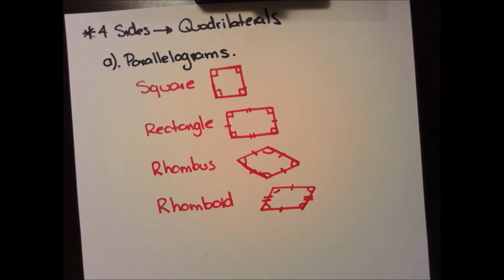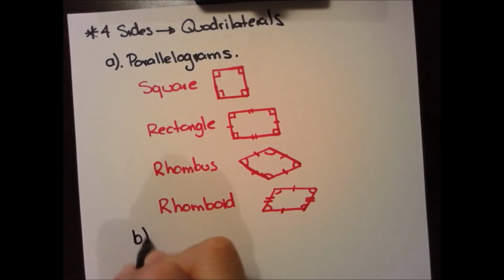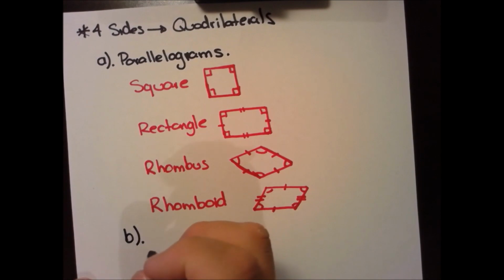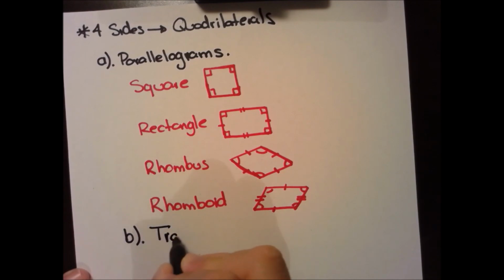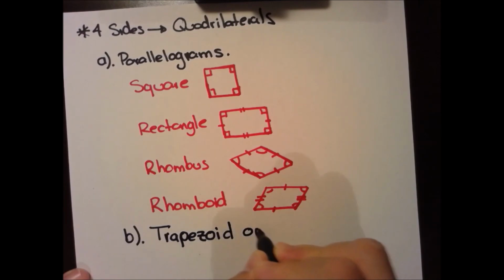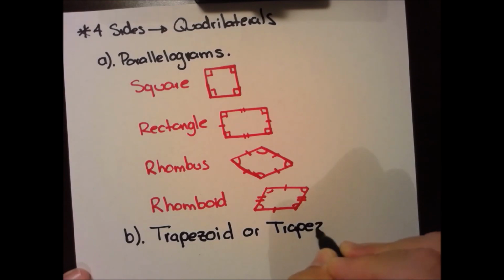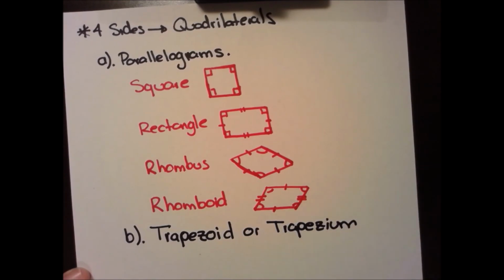Now the other classification, letter B, is going to be the trapezoid, or trapezium. What are the different kinds of trapezoid or trapezium?